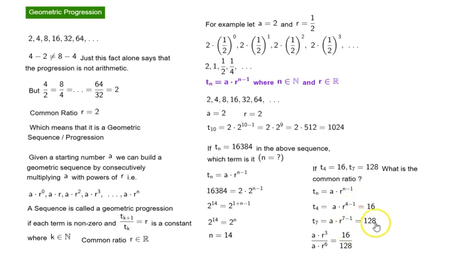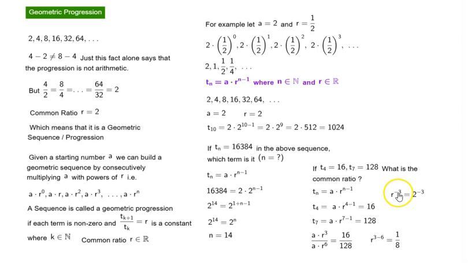So here, take the ratio of these two. A and A get cancelled out. R cube and r to the power of 6 we have is equal to 16 by 128. Simplifying it, we get r to the power of 3 minus 6 is equal to 1 divided by 8.